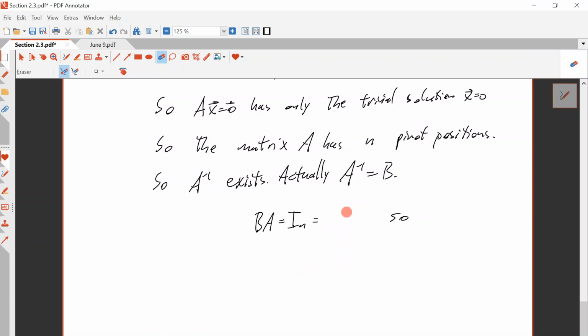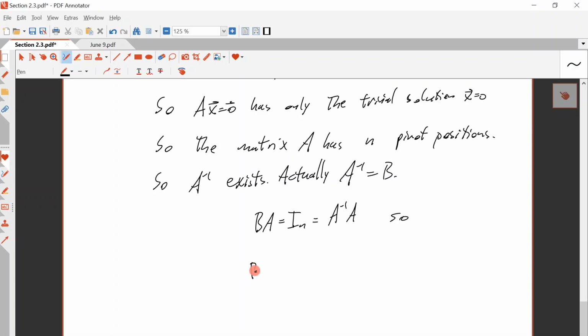This is supposed to be A inverse A. So if BA is equal to I_n, then A inverse A is also equal to I_n. So BA and A inverse A are equal.